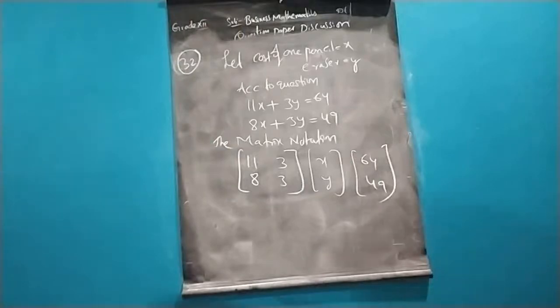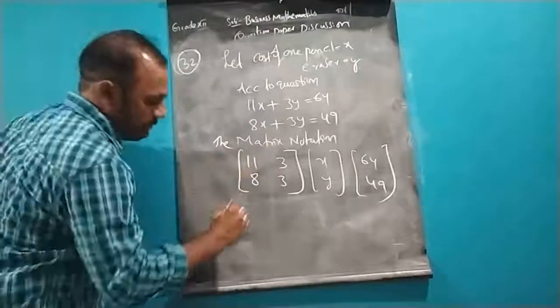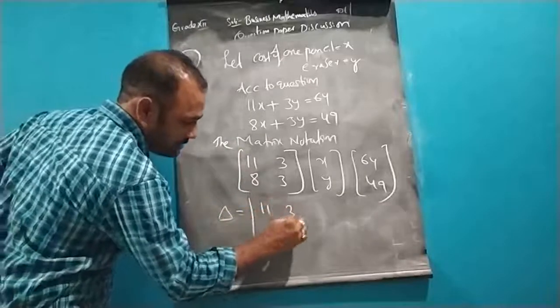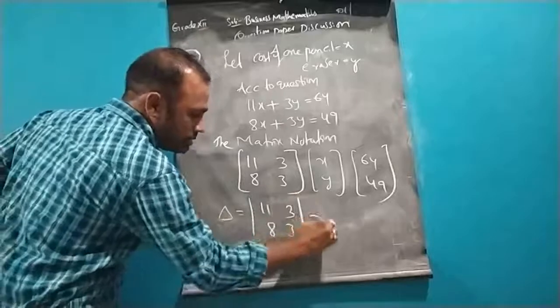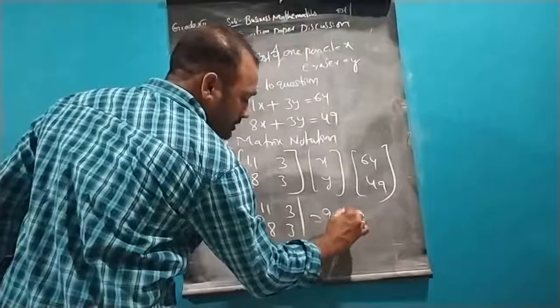Now we are asked to solve by using Cramer's rule. First, we need to find delta, the determinant of 11, 3, 8, 3. If you find the determinant, we get the answer as 9, which is not equal to 0.